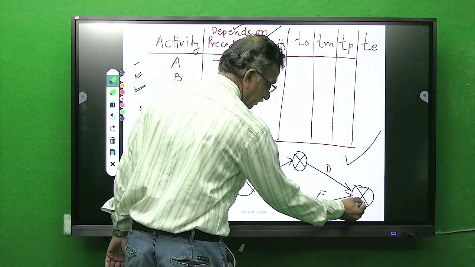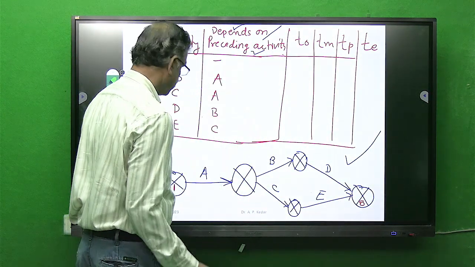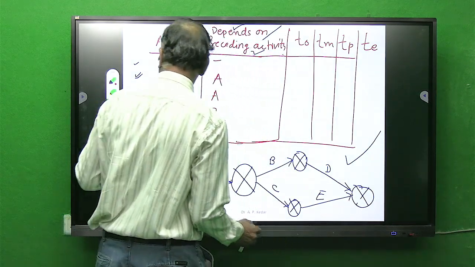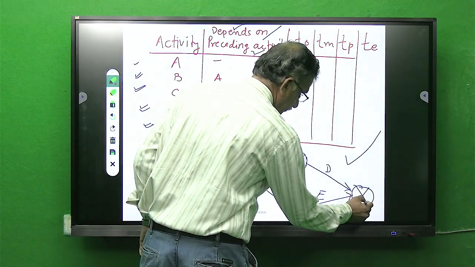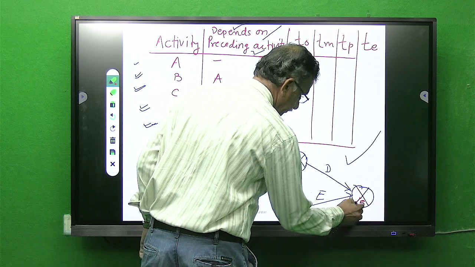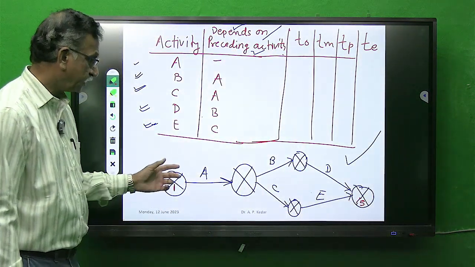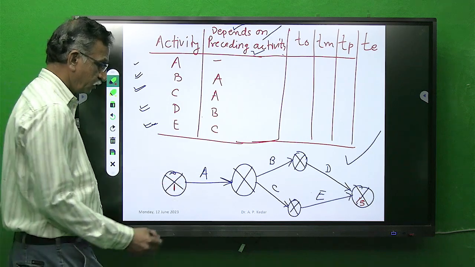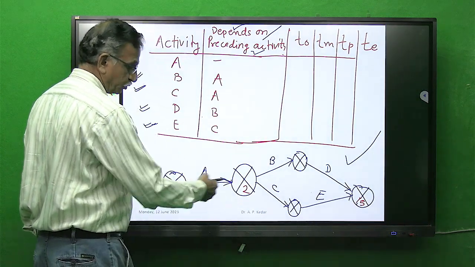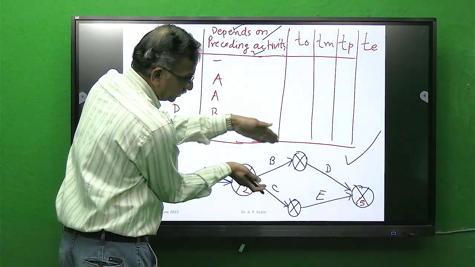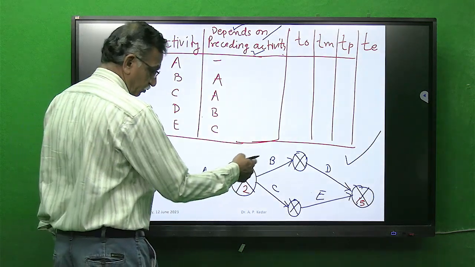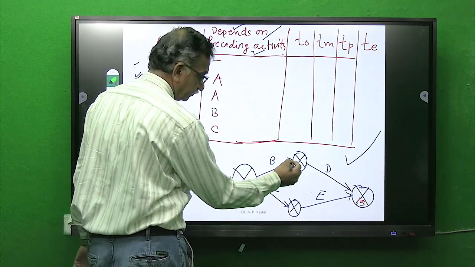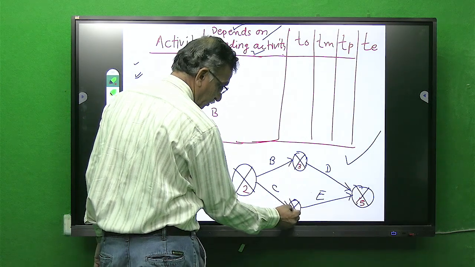This is the last, 5. Then left to right, top to bottom. So 1 followed by 2, left to right. 2 is giving 2 branches. So only 2 are remaining. Left to right, top to bottom, 3, 4.